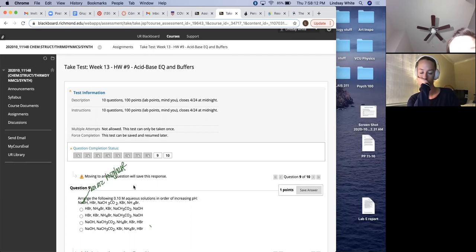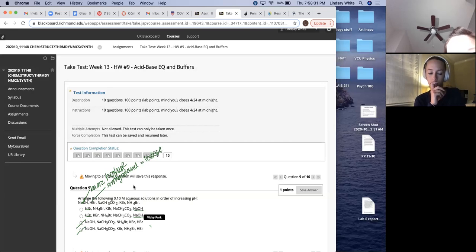And then which one would give you the strongest acid? HBr. Good. This is strongest acid, so this is going to be the lowest. So I think we have that, and that.